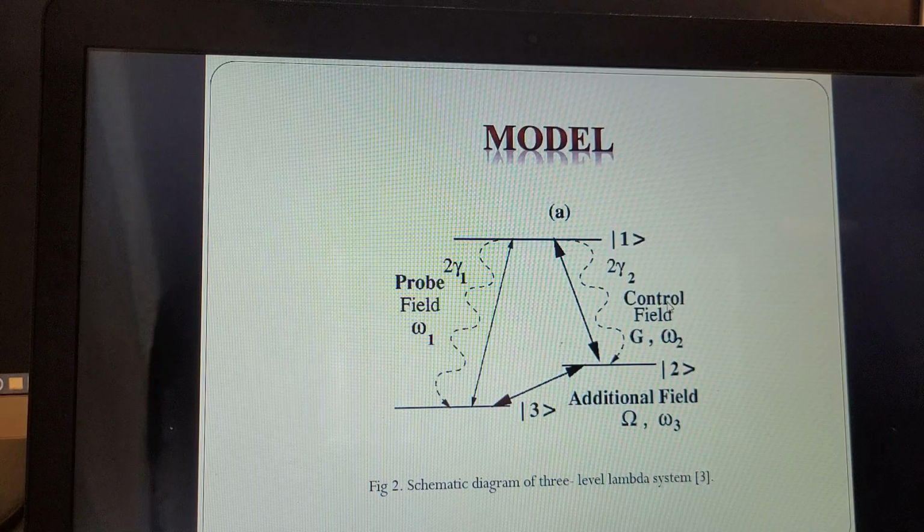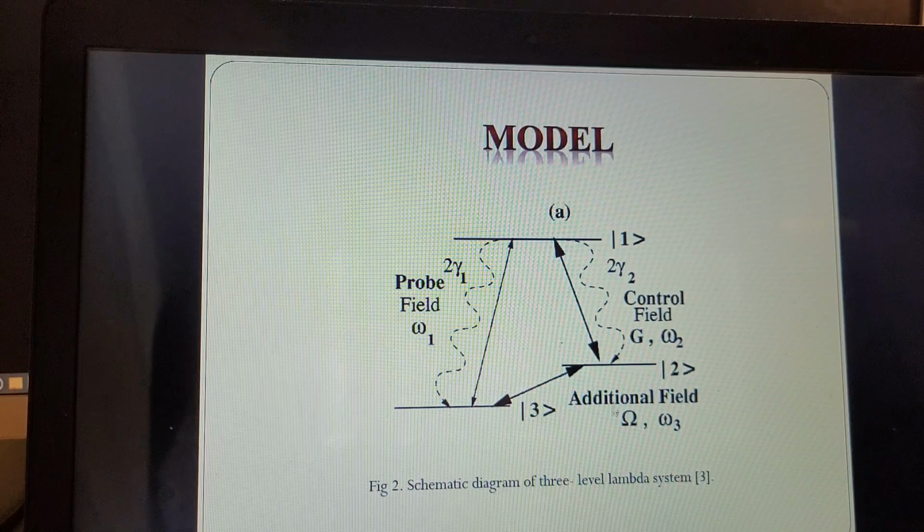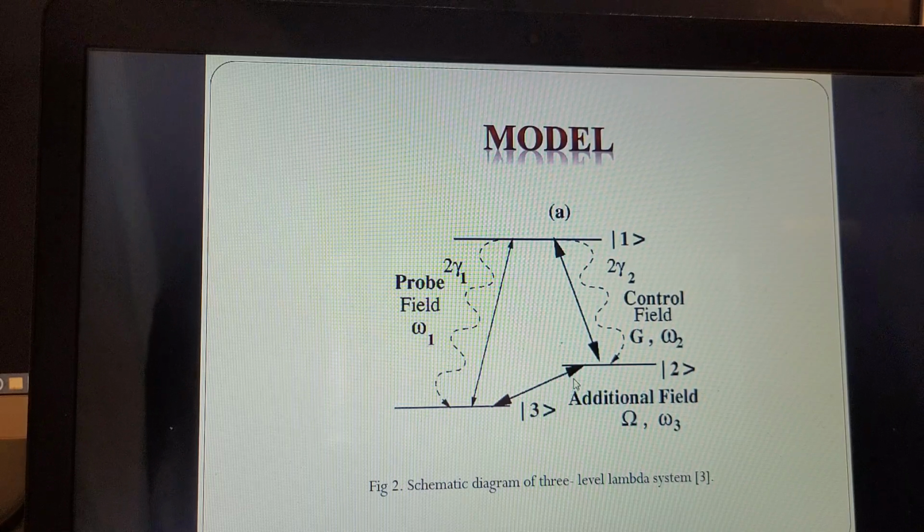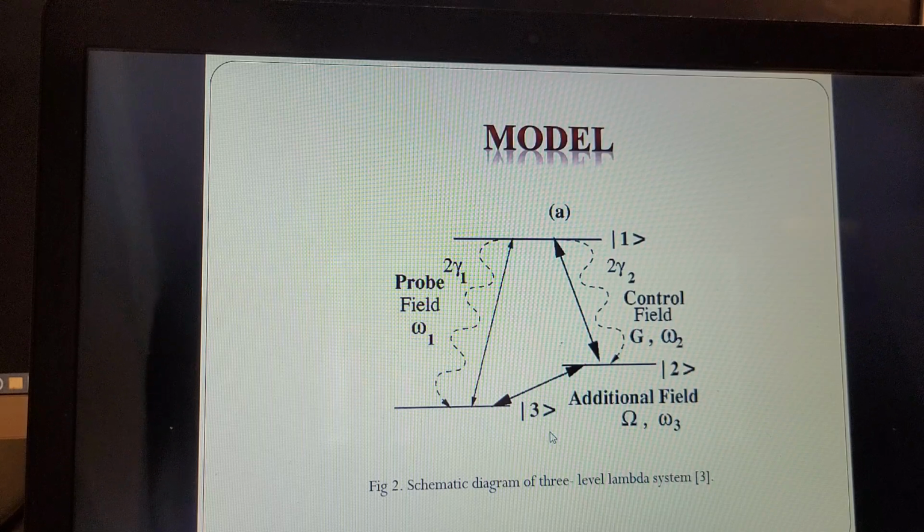We have a control field that is a little bit stronger, and a probe field that is a little bit weaker. The control field has a specific frequency, omega 2, and the probe field has a frequency we call omega 1. And we have another additional field coupling state 2 and state 3, with frequency omega 3. So this is the schematic diagram of a 3-level lambda system.